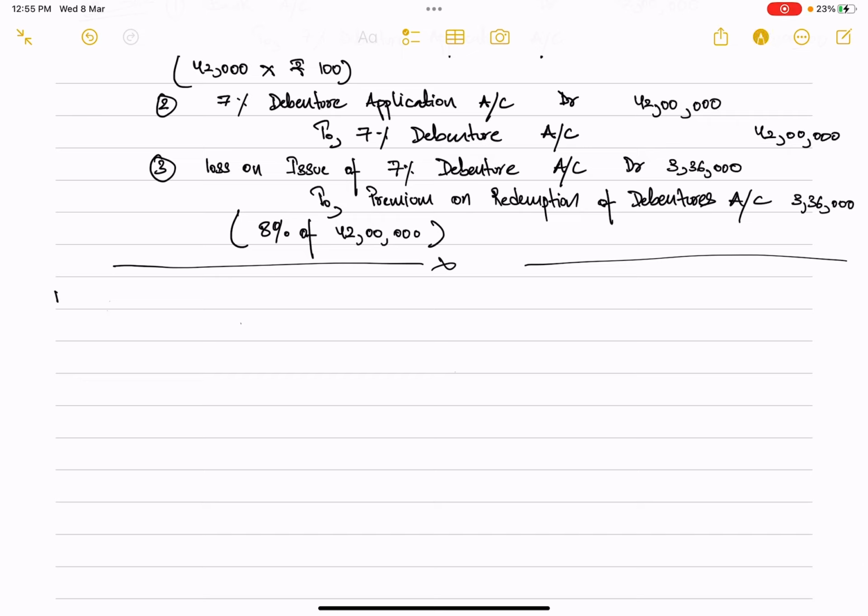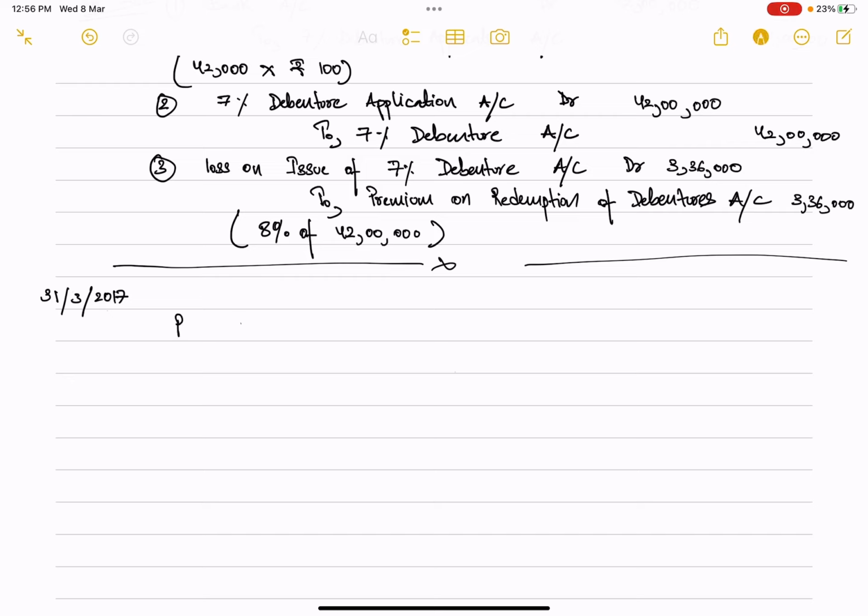So they have stated that on 31st March of the year 2017, they have prepared this DRR. So like I said, DRR is to be created out of the surpluses or the profit.